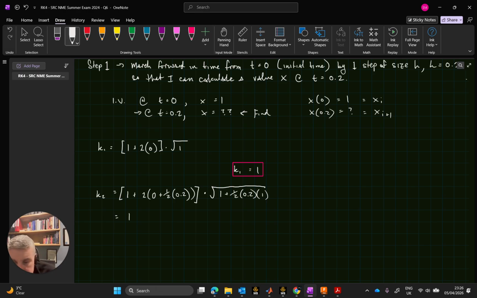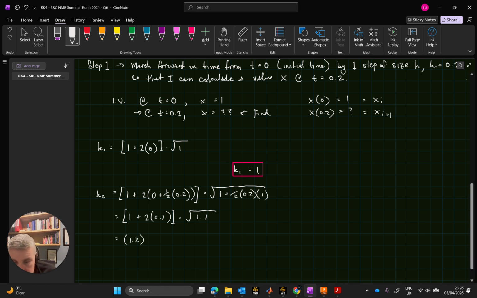I'm going to have 1 plus 2 times 0 plus 1/2 of 0.2. 1/2 of 0.2 is 0.1. Multiplied by the square root of 1 plus 1/2 of 0.2 by 1. So 1/2 of 0.2 is 0.1, by 1 is 0.1, plus 1 is 1.1. And 2 by 0.1 is 0.2, plus 1 is 1.2.